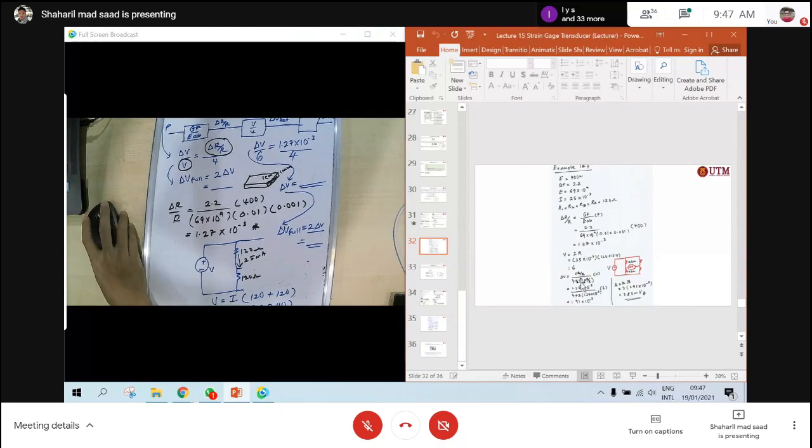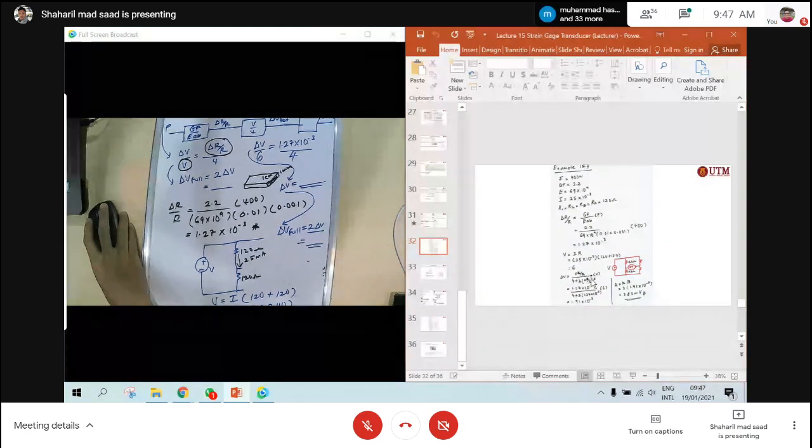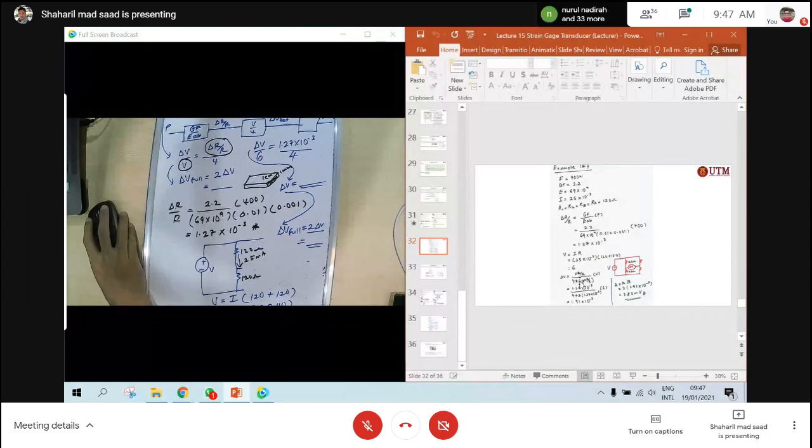Okay, so you can use the formula delta R over R divided by 4 plus 2 times delta R over R, but I don't like to use this long formula, so we just use the simple one, delta R over R divided by 4, because 2 times delta R over R will give you a very small value. Okay? Alright, good.